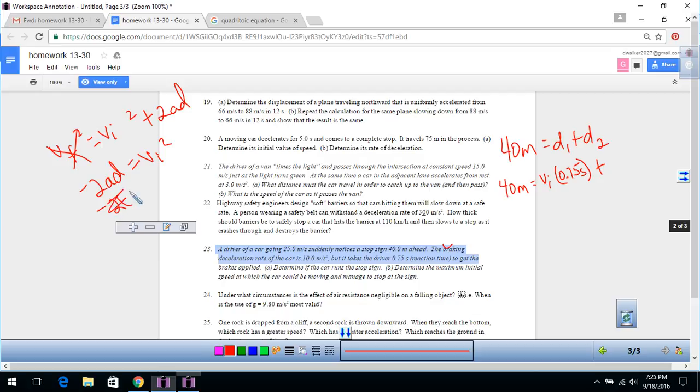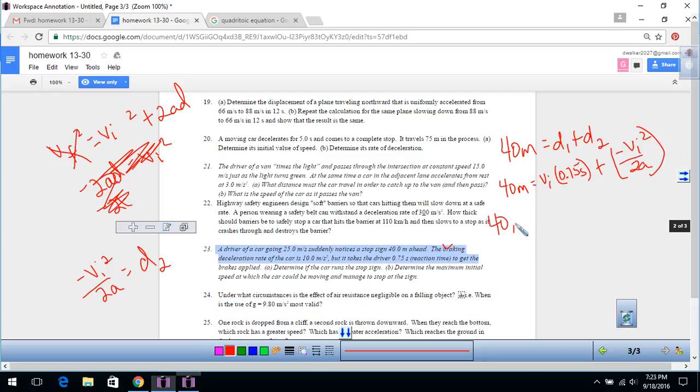Okay, so let me rewrite this. I want to solve for D. So I'm going to bring this over to the left-hand side, so -VI squared over 2A is the same thing as D2, because that's when he's putting his brakes on. So instead of D2, I'm going to write in negative VI squared over 2A, and that'll be his D2. So then you do the math.